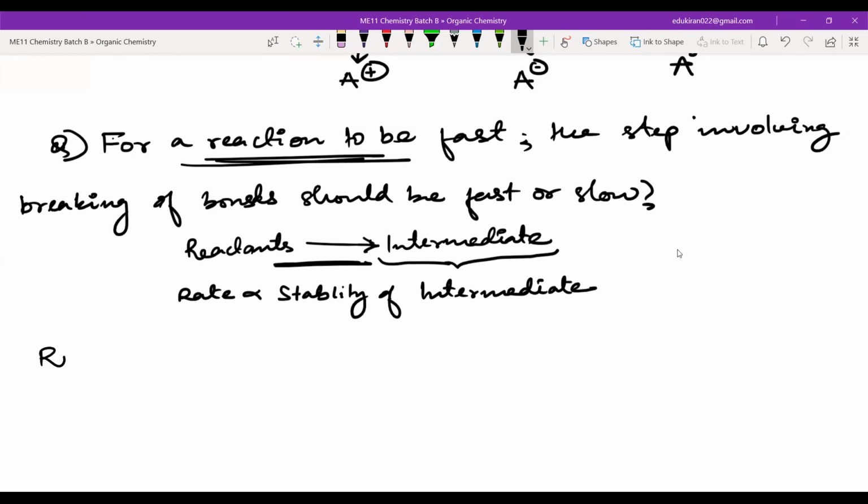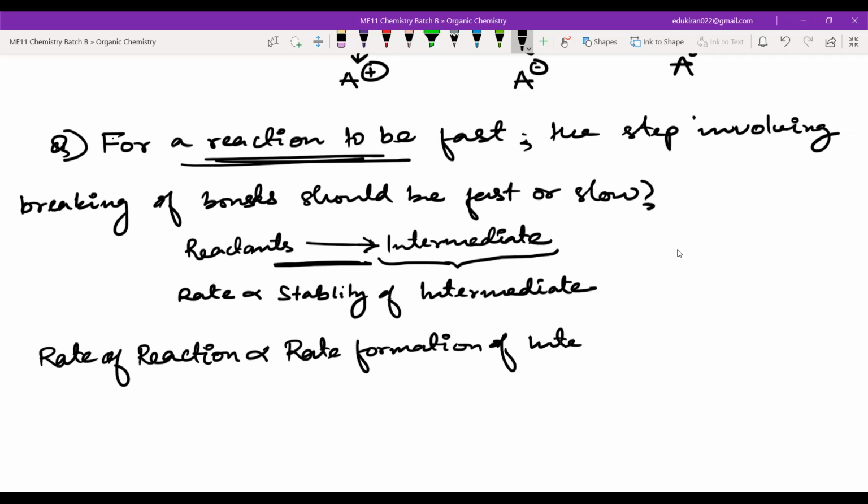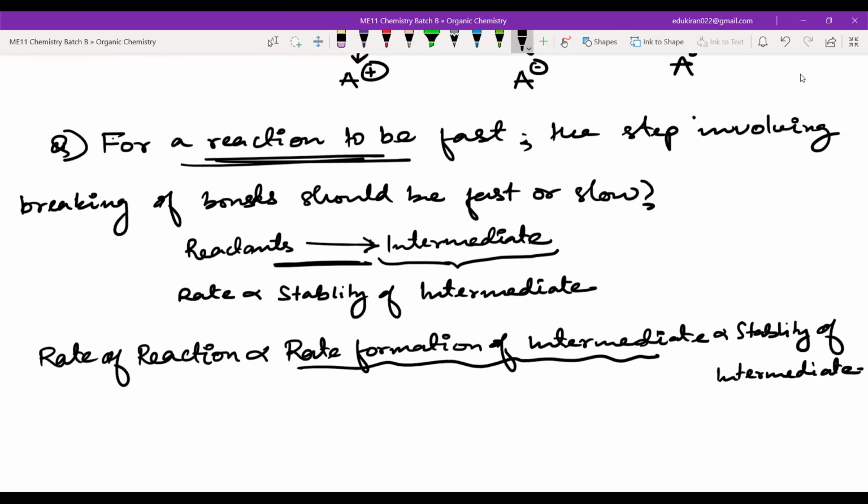And hence we can say the rate of reaction is proportional to the rate of formation of intermediate, and this rate of formation of intermediate is directly proportional to the stability of intermediate. So we can directly see the structure.